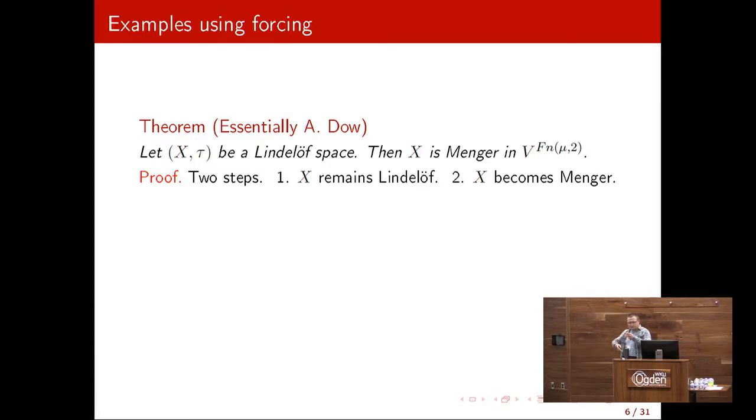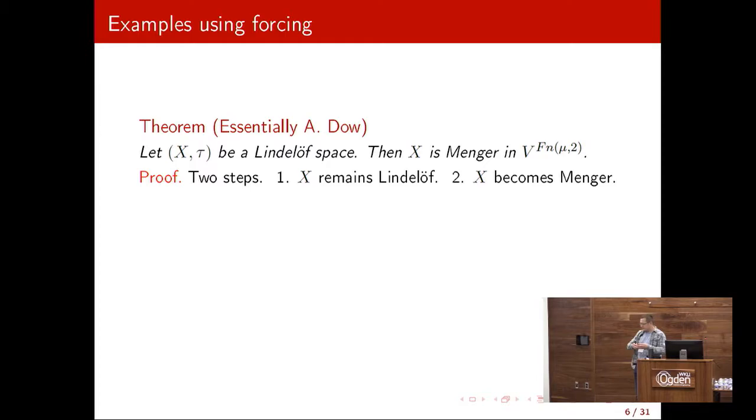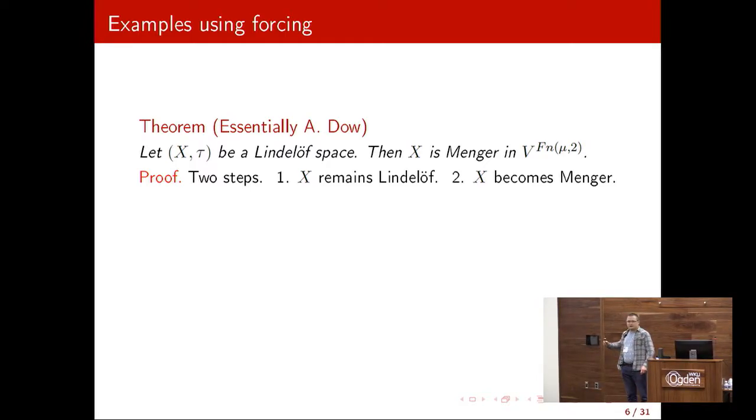Because if you are given a countable sequence of open covers of this space, since this is Lindelöf, you may assume that all the elements involved in these covers are in tau, in the topology from the ground model. And then this sequence lives in the intermediate model, which involves only countably many Cohen reals. And I'll take any fresh Cohen real which comes after and use it to pick an element from each open cover.